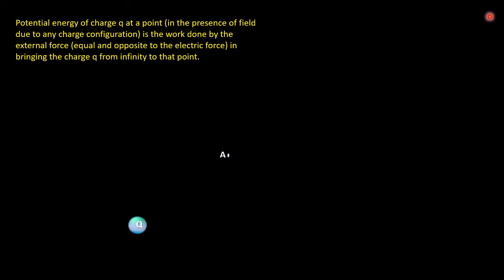Point B is at infinity. The potential energy of the charge at that point B when it is at infinity is 0. Suppose you are bringing the charge from that point to A. The potential energy of q at a point can be defined as the work done by an external force in bringing the charge q from infinity to that point.